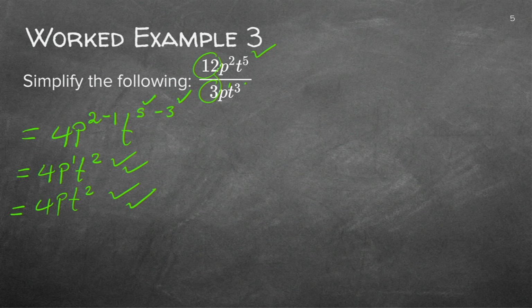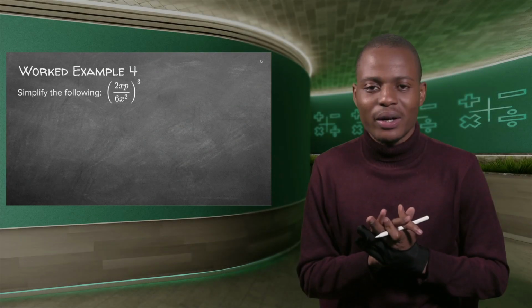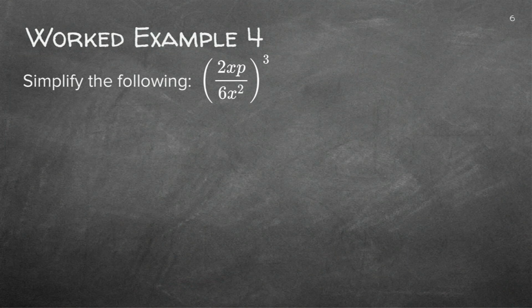Okay, so one last one for you, and please pause this video right now and try to do it and then come back for corrections. So it says simplify the following, and now you have a bracket of 2xp divided by 6x squared, all is to the power of 3.